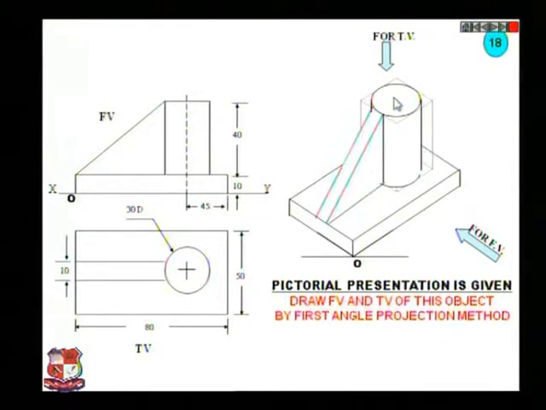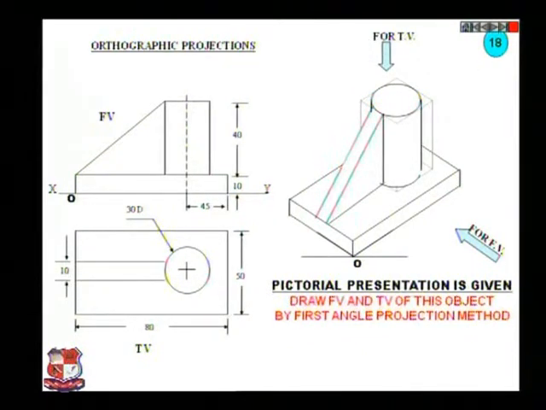The cylinder would appear as a circle in top view. Diameter is 30 millimeter. This width is 50 millimeter, which is represented over here. In this case, this inclined edge is represented by an inclined line in front view and two parallel lines in top view.